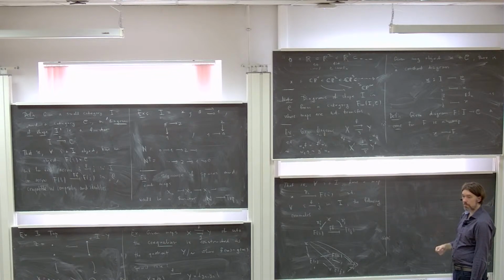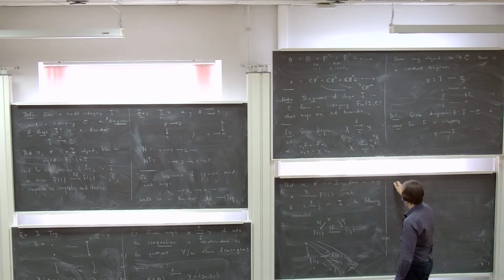So let's give an example. The naturality of the transformation is described by the fact that this diagram commutes.